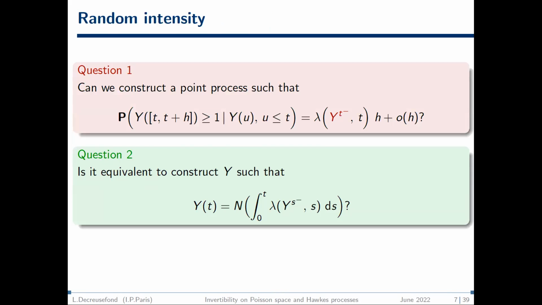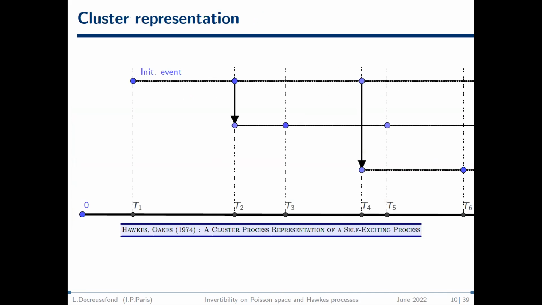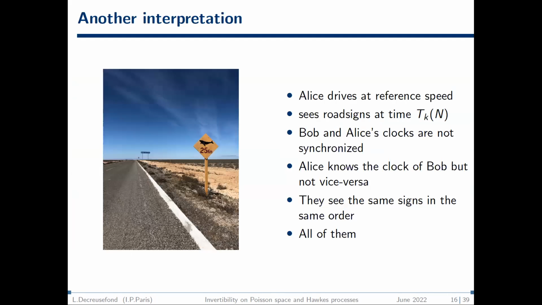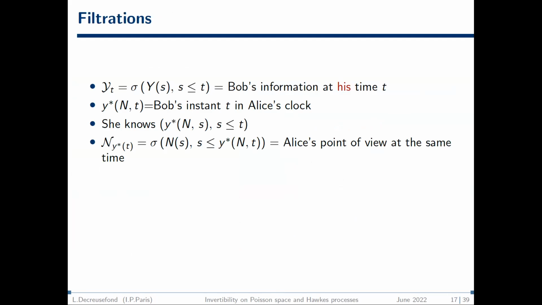Yeah, question 2 was, can we construct Y such that we have this equation solved? So this is Y, this is a Y, okay? And so we have solved, we have done one step further.